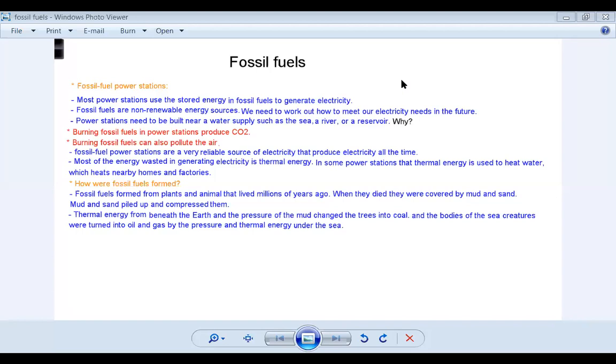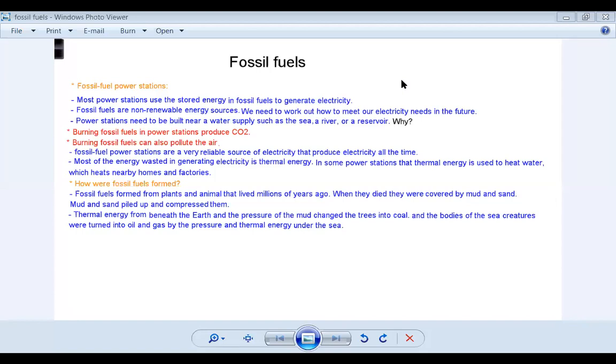We studied this. Because it will release other gases, other pollutants. Do you remember what the gases are that come from power stations? Sulfur dioxide. Yes, sulfur dioxide.